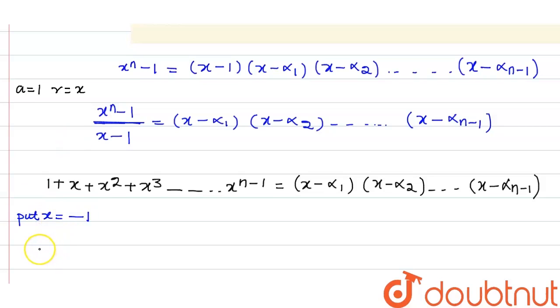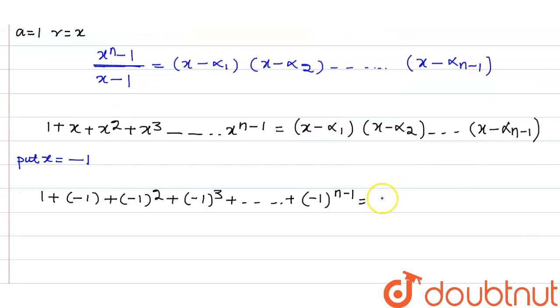So we have 1 plus (minus 1) plus (minus 1) whole square plus (minus 1) cube plus up to (minus 1) to the power n minus 1, equal to (minus 1 minus alpha 1)(minus 1 minus alpha 2) up to (minus 1 minus alpha n minus 1).